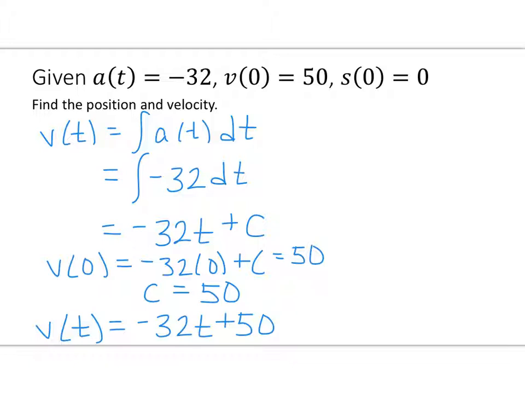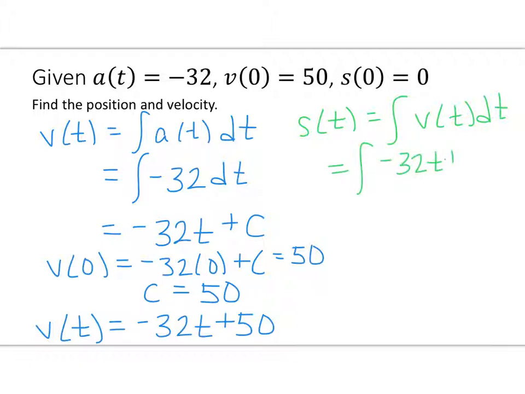And now to find my displacement, I need to integrate my velocity. So s of t is equal to the integral of v of t dt. So I'm doing the integral of negative 32t plus 50 dt. This is going to become negative 16t squared plus 50t plus a constant.